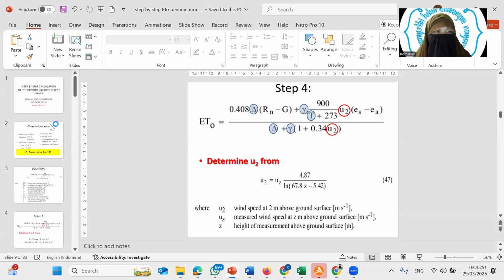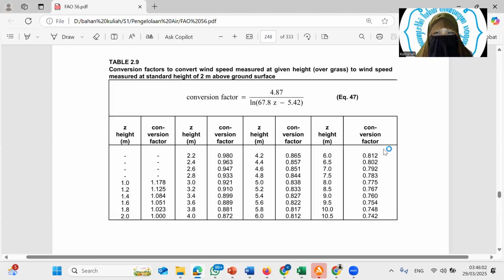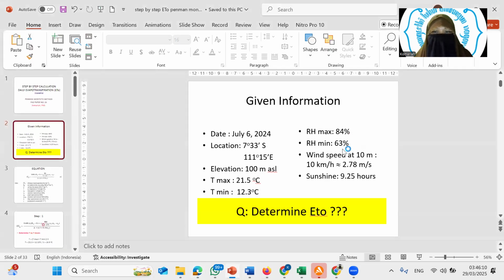Please remember that the given information is the elevation is 100 meters above sea level. Okay, so from table 2.9, we are looking for the, sorry, I made a mistake. The wind speed was measured at 10 meters.